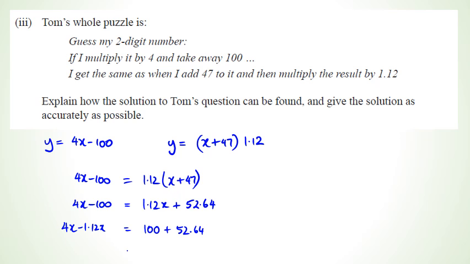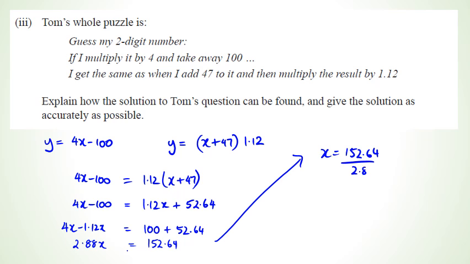So 4 minus 1.12 is 2.88x equals 152.64. So therefore, x is equal to 152.64 divided by 2.88, which is 53. So then x is equal to 53.